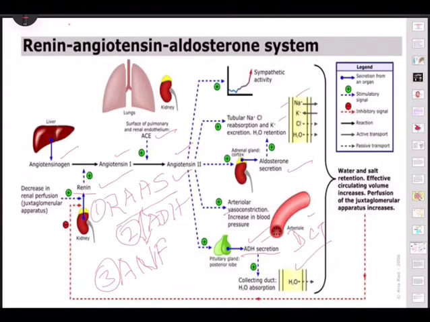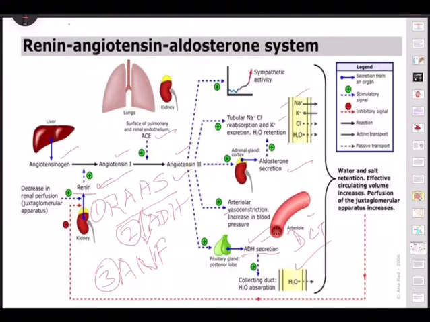So we were talking about regulation of kidney function, and in that we were talking about the factor renin, that is the blood pressure. As blood pressure decreases, the cells of the juxtaglomerular apparatus release an enzyme called renin. So that is the first one we were talking about, renin.